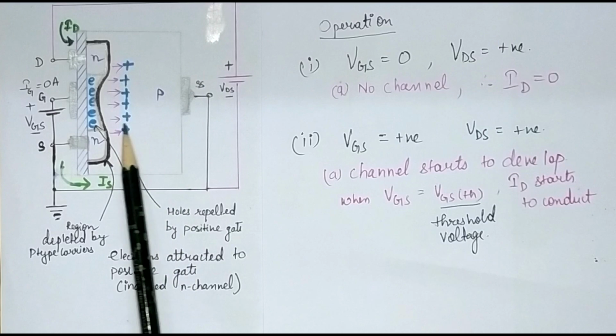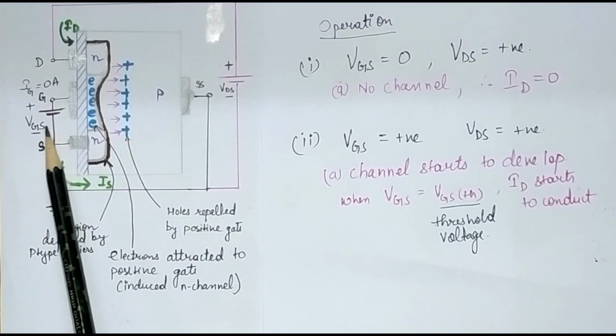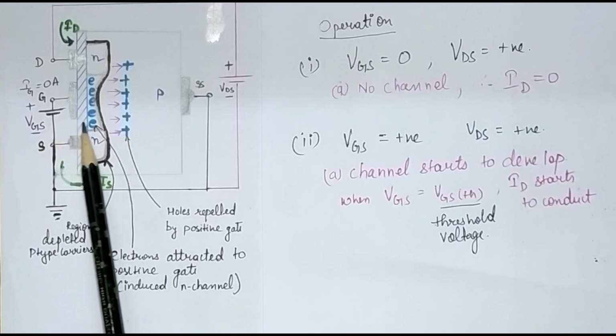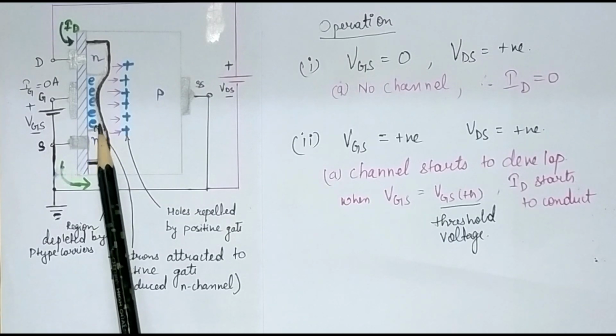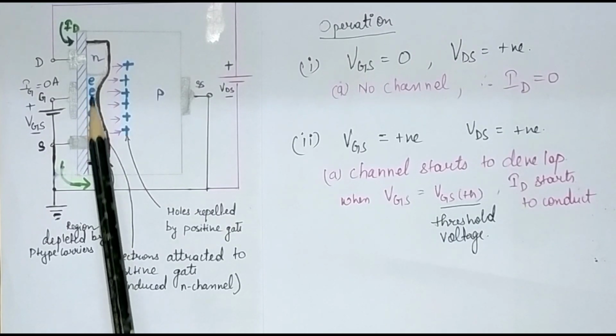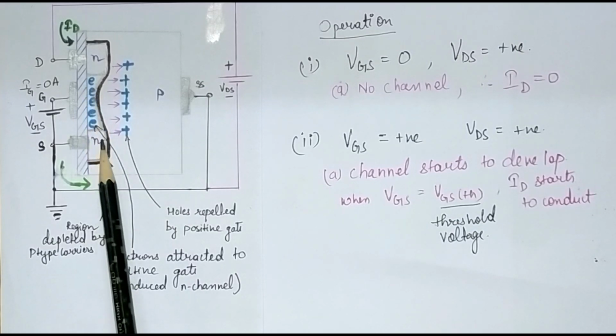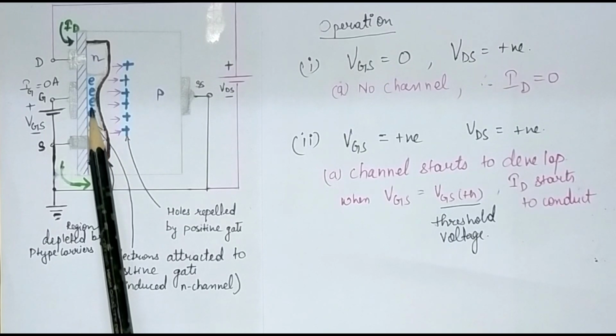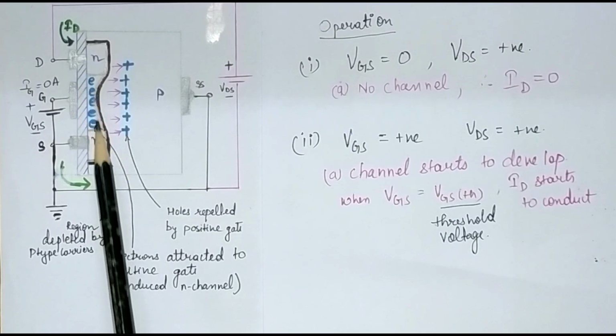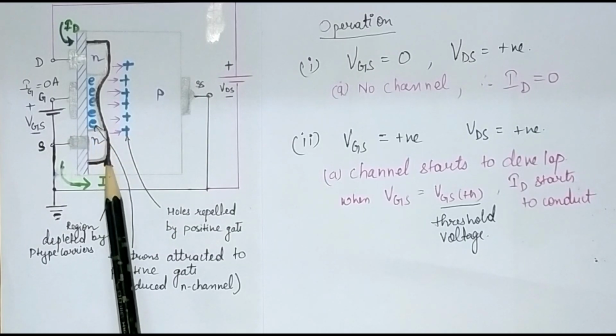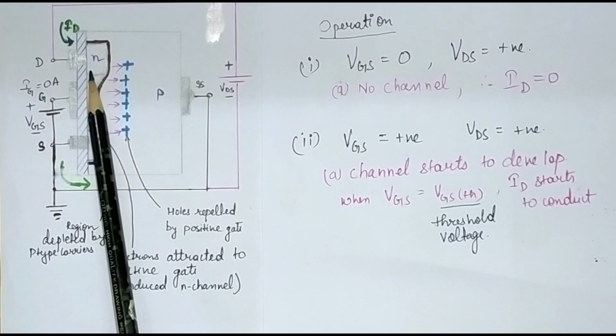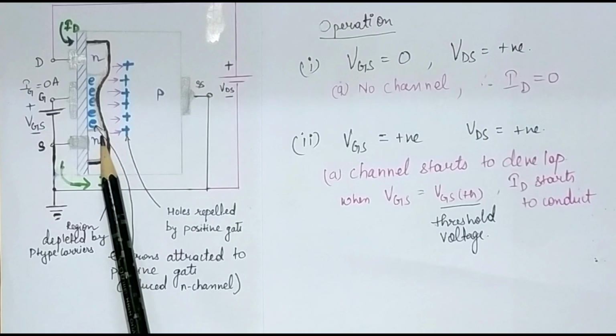As you increase the voltage VGS, a point will come at which enough electrons will be accumulated over here and form a channel. A point will come at which the size of the channel will be sufficient to help the current conduct from source to drain, meaning the electrons will start moving from this terminal to this terminal.